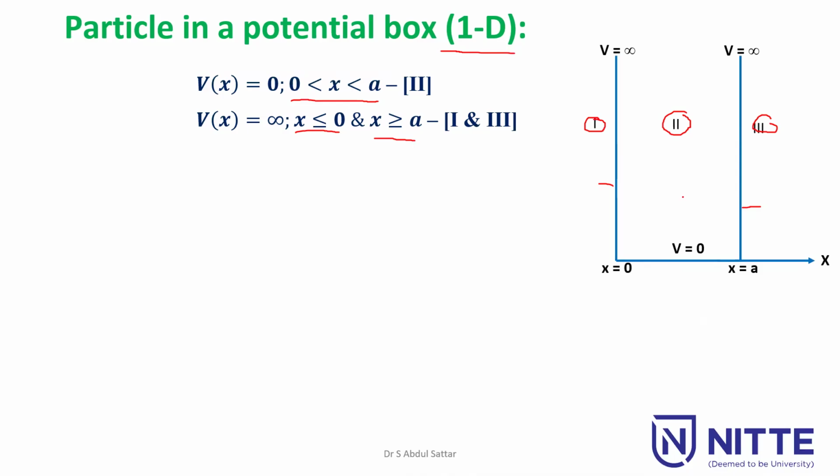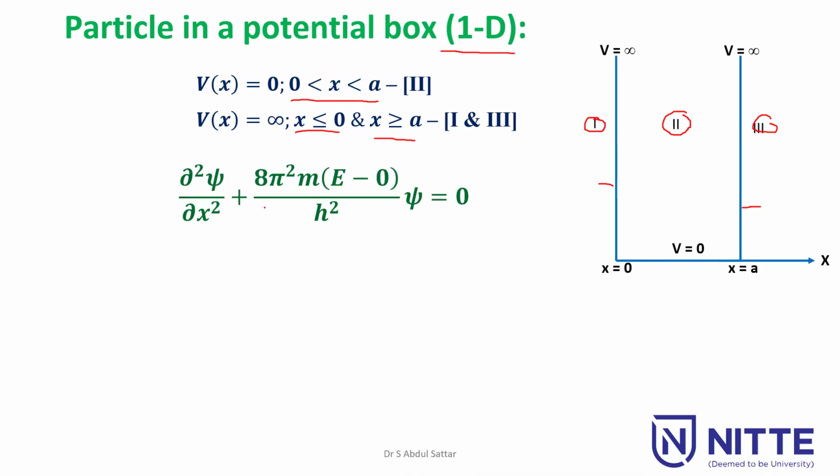So to explain the behavior of a particle in this potential box, you have to write a Schrodinger equation. So this is the Schrodinger equation for the particle in the region 0 to a. In this region, the potential is 0. That's why in place of V, we are having 0 here. These are one dimensional, so we are having del square psi by del x square.